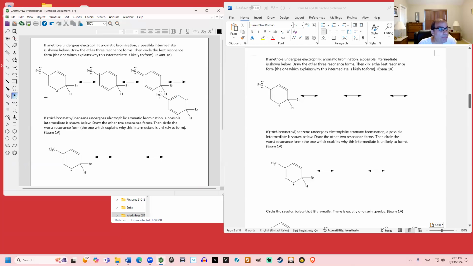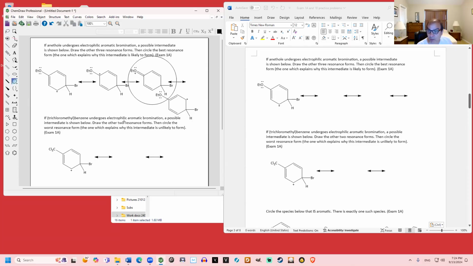And then it says to pick the best resonance form, the one that best represents the overall structure, the one that contributes the most to the overall structure, and that's going to be this one, because that takes the plus charge off the ring entirely and puts it onto the oxygen atom. The oxygen is able to stabilize that intermediate by donating an electron pair. So some of the plus charge is borne by the oxygen atom. The rest is on the carbon atoms, on those 3 particular carbon atoms. So that, I think, is the best resonance form.